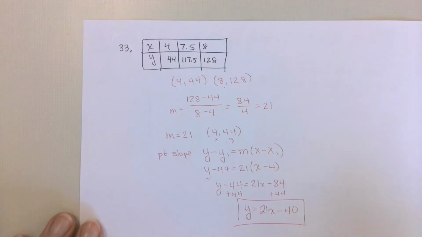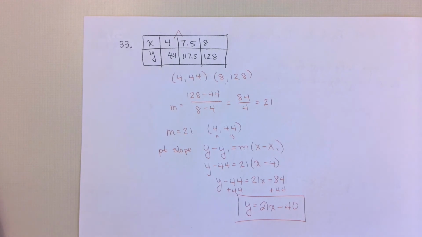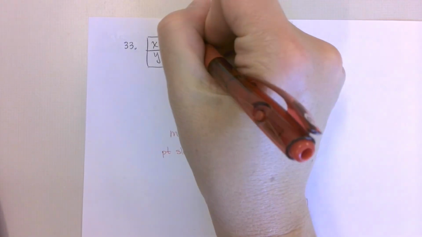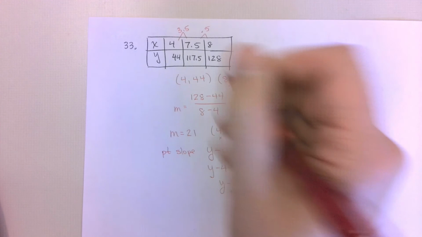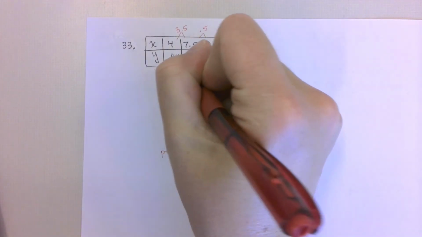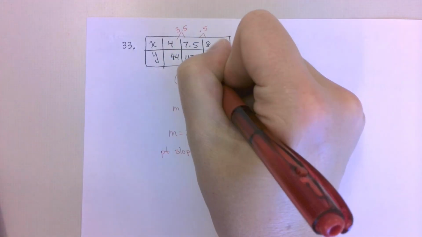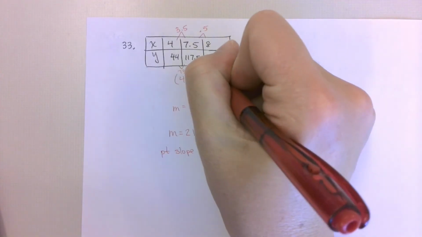Now, the other way I could have found the slope was by looking at the change in y and x. I would take 7.5 and take away that 4, and I see a positive increase of 3.5, but this one jumps only by 0.5. So if we look at the relationship here, 117.5 take away 44, I get 73.5, and here I get a jump of 128 minus 117.5, which is 10.5.